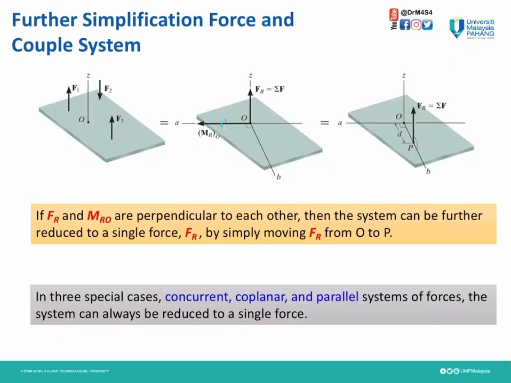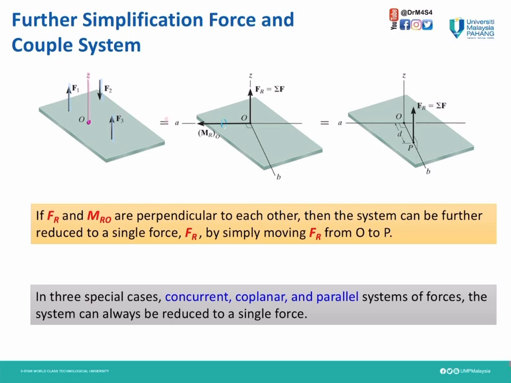Let's see these three forces acting on the plate. We have F1, F2 and F3, and also we have point O. F1, F2 and F3 act parallel to the Z-axis.